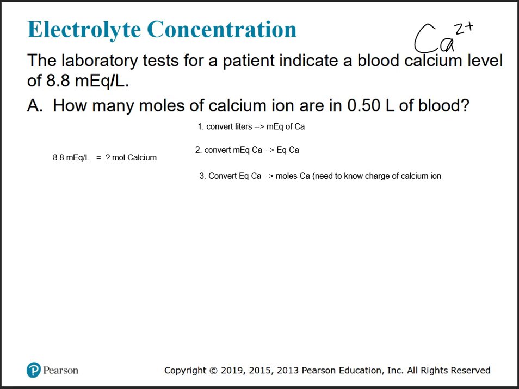So the first part, for going from liters to milliequivalents, we need to use the conversion factor that's given in the problem. So we're going to take our 0.5 liters and we're going to multiply by 8.8 milliequivalent over 1 liter.